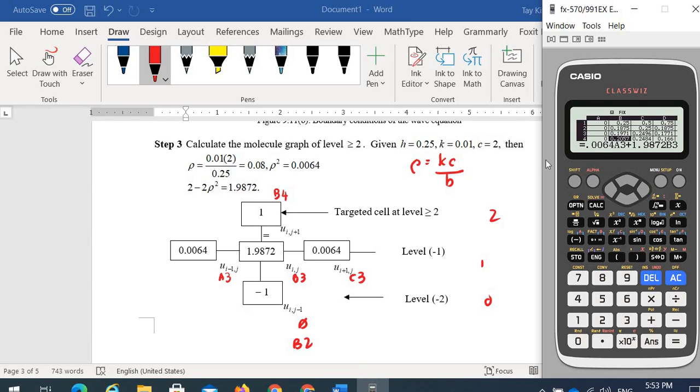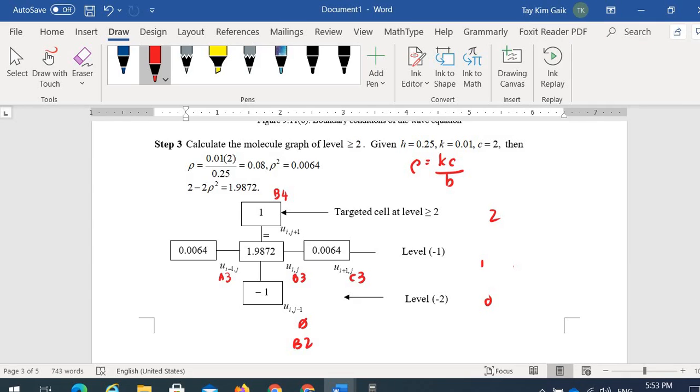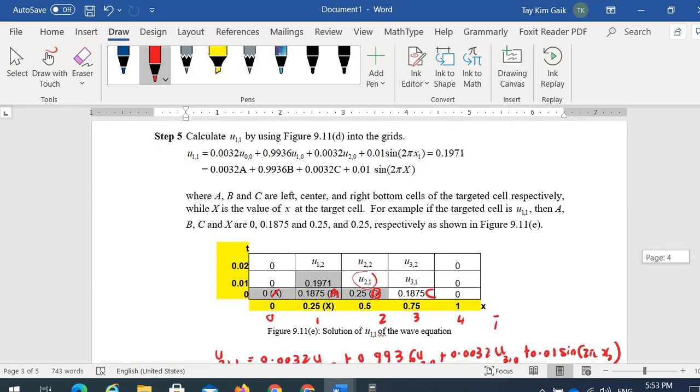So my formula is 0.0064 A3 plus 1.9872 B3 plus 0.0064 C3 minus B2. Okay, then I get this value, I copy and paste 2 more times to get the complete level 2. If you have level 3, same thing, you can copy here and paste.